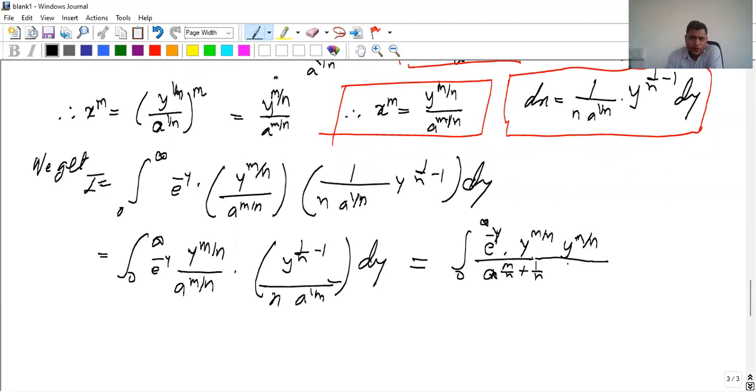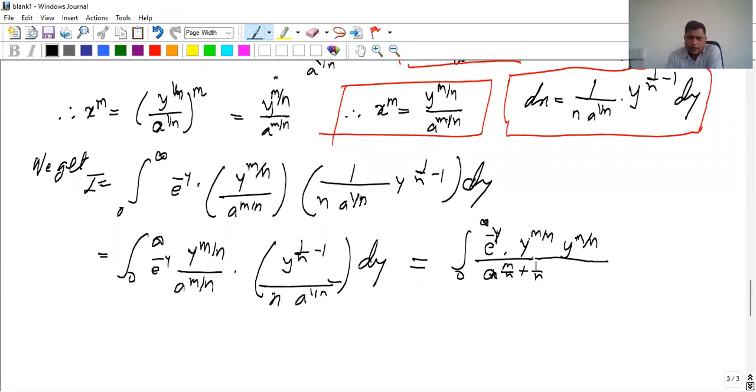Sir, there it is 1 by n, a raised to power 1 by n in the left equation. So what we get here is, this is little m by n, this is 1 by n. Okay, sum is going to be m plus 1 by n. Now this is a raised to m by n plus 1 by n.